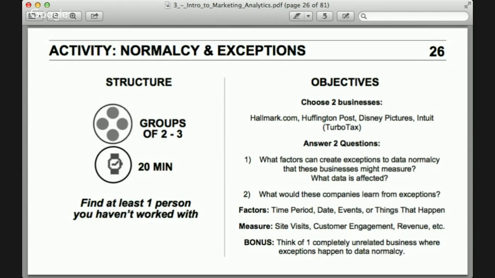Yeah, actually, let's start with you guys. Disney Pictures. And just to clarify too, we mean the film studio that produces movies like Frozen and Aladdin and all that stuff. So they have a website, but it's not necessarily to get a lot of people to purchase.